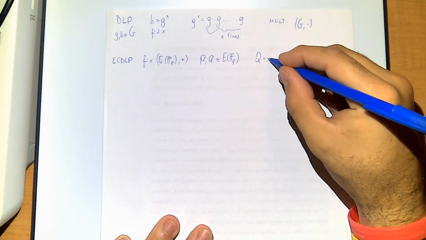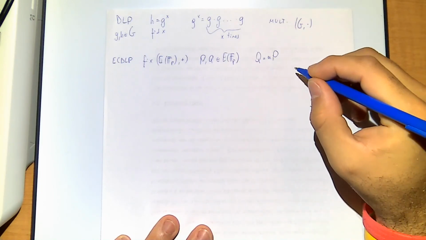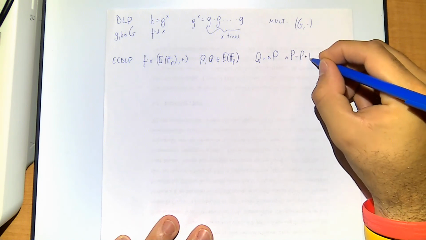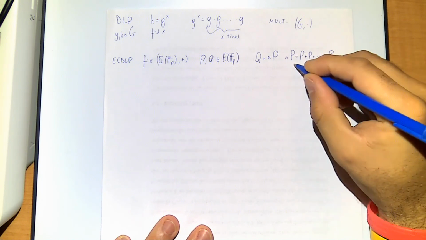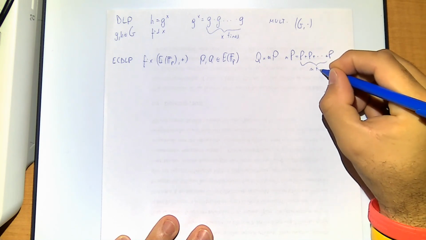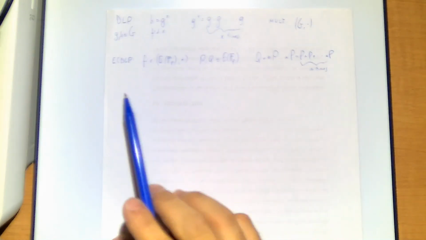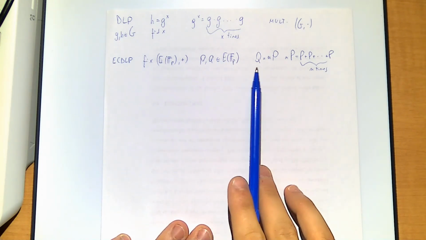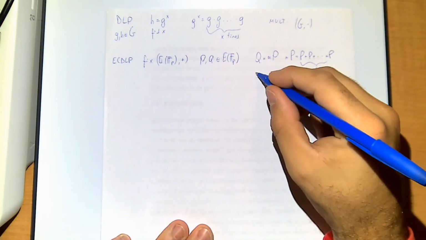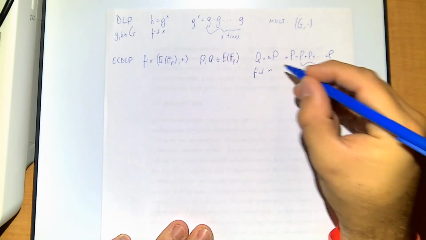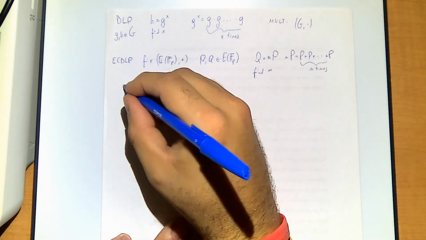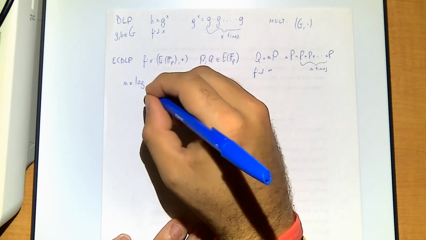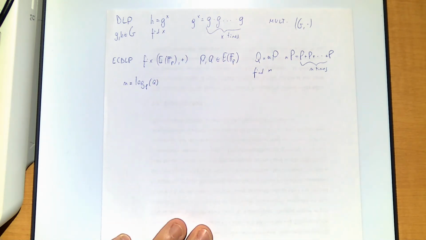So it would be a multiple of P, because nP is like P plus P plus P, n times. This is the formulation of the elliptic curve discrete logarithm problem: given two points on an elliptic curve such that one is a multiple of the other, find n. In this case, n is defined to be the discrete logarithm in base P of the point Q.